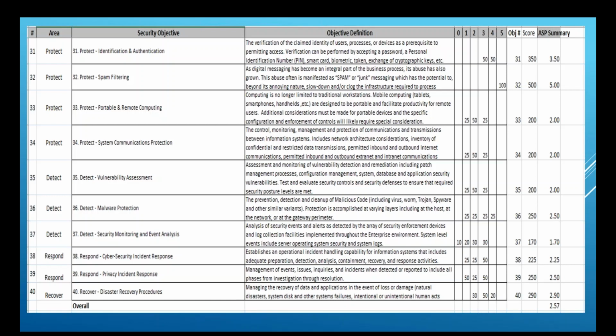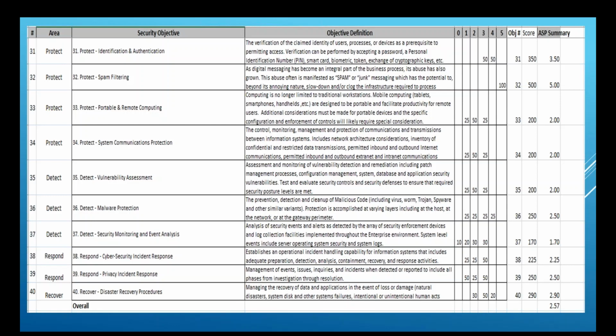Who needs to be contacted? Who has the authorization to declare a disaster? Those types of things. You just take a look at those documents and see if we're updating those. And we also need to do tabletop exercises. It's amazing what we find out when we do a disaster recovery tabletop exercise. So those are a quick brief of all 40 of these.